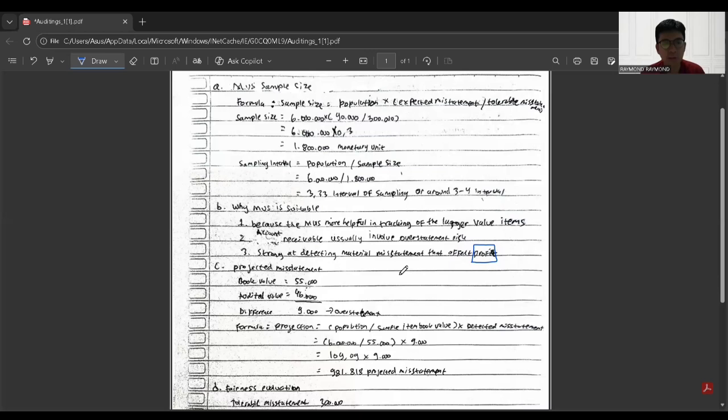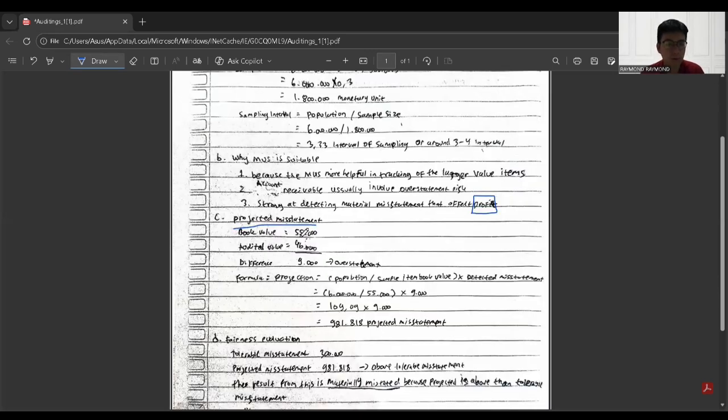Okay, next we compute the projected misstatement. We know the book value and the audited value. Book value is 55,000 and audited value is 46,000. The difference is 9,000, which is the overstatement.